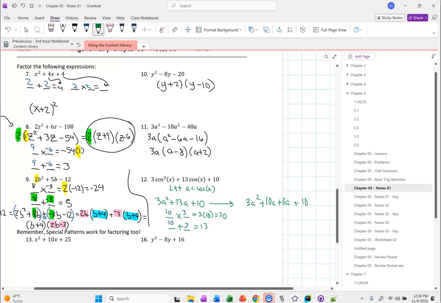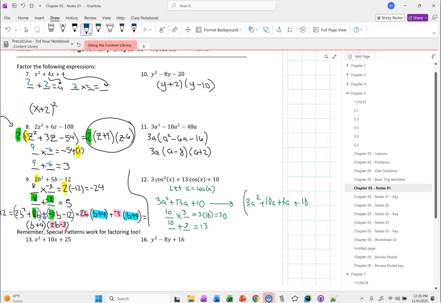Okay. So we've done that. What do we do next? Make our two groups. What has to be in the middle of the two groups? A plus sign.